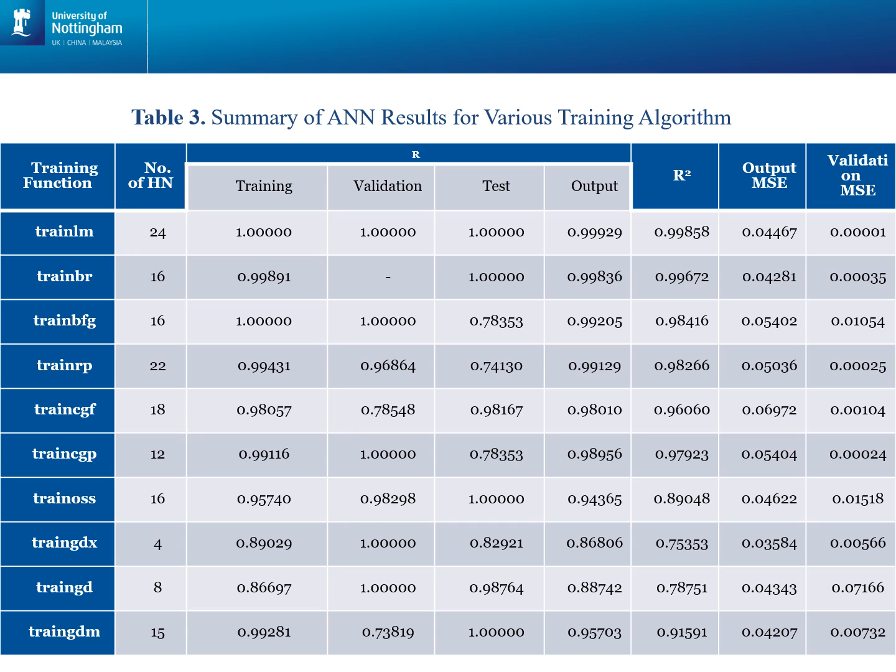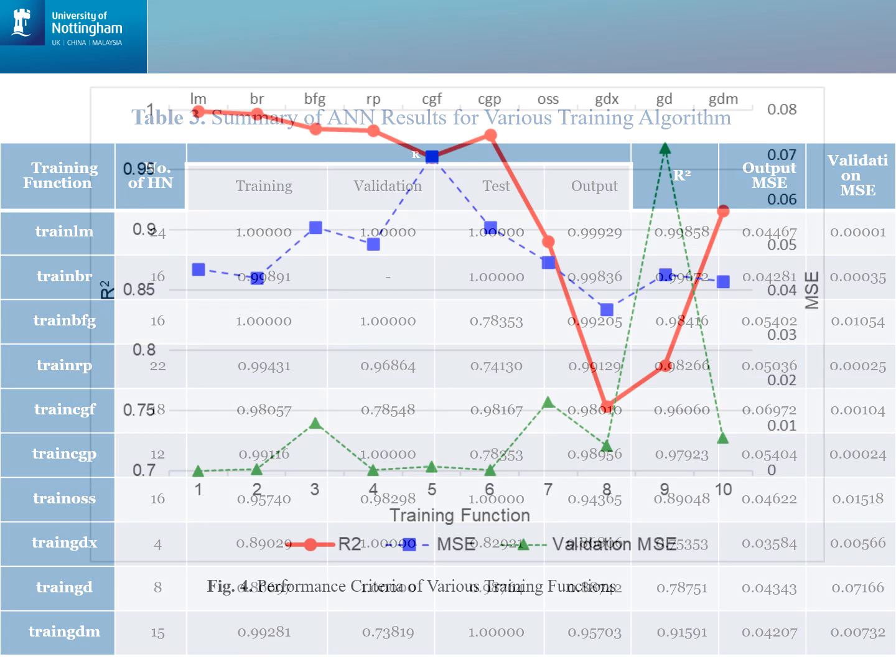So if we look at the table, this once again summarizes the ANN results for the various training algorithms, and for each training algorithm, the number of hidden neurons have been identified that give us the lowest training, testing, and validation results, the R squared values, and the output MSE and validation MSE values. So out of all these training algorithms, the final conclusion is that train LM is the best training algorithm that could give us the best results in terms of R squared, output MSE, and validation MSE.